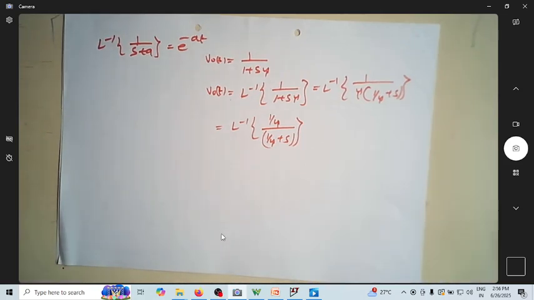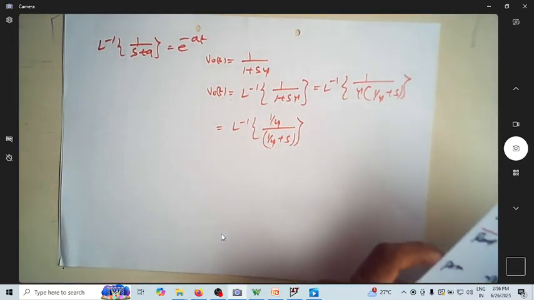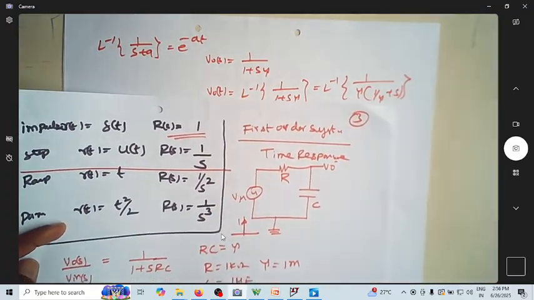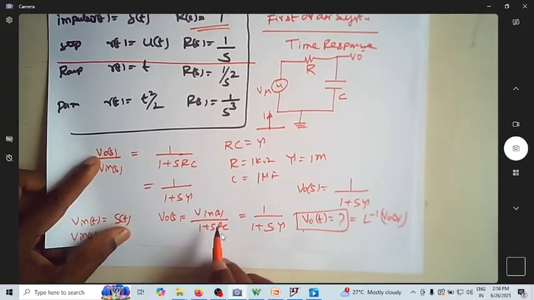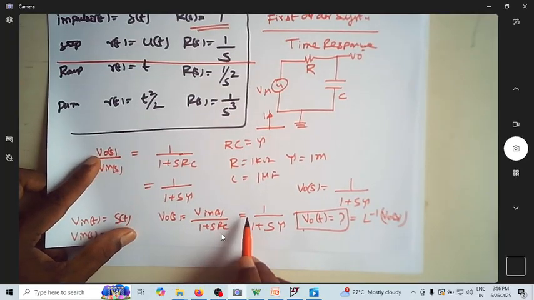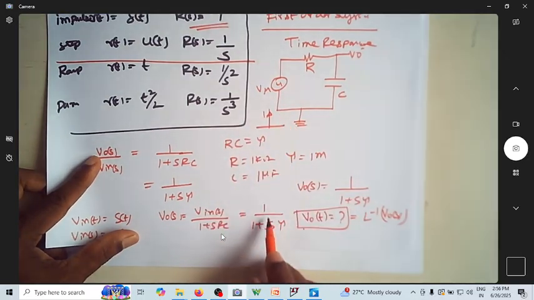Let us continue the discussion of time response of the RC network, which is given by this circuit diagram. We have actually found the transfer function of this, which, for unit impulse input, is 1 over 1 plus s tau.